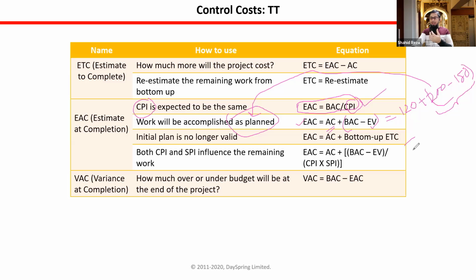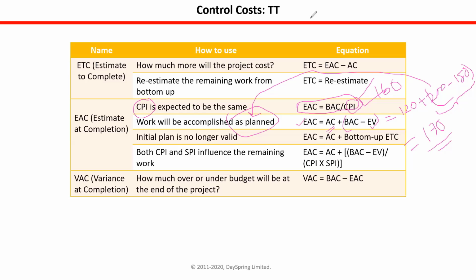So that's why the result will come 170. So from the next day, if we actually follow our first plan, then we need $170. But this is the best case scenario. When we have already seen $160. All right. So this is the second. Why is there a deviation from 160 to 170? I mean, we'll be spending more in the second scenario.